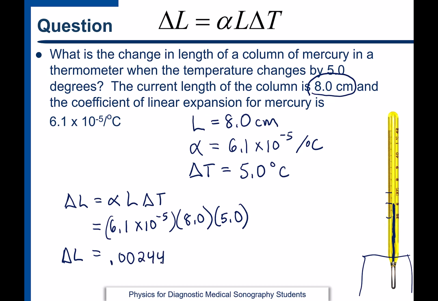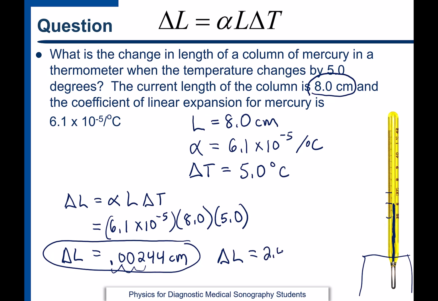And again, the units will be the same as the units for L, so that would be centimeters. Probably a good idea to rewrite that in scientific notation. So let's see, 1, 2, 3. So that would be 2.44 times 10 to the negative 3 centimeters.